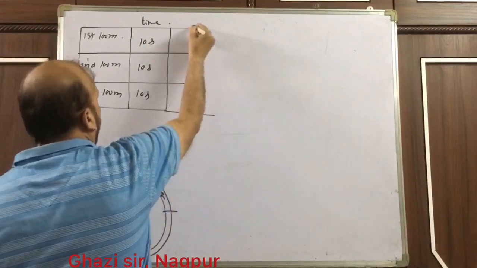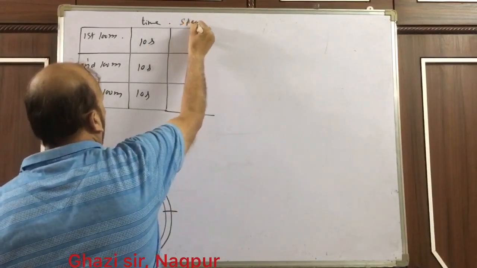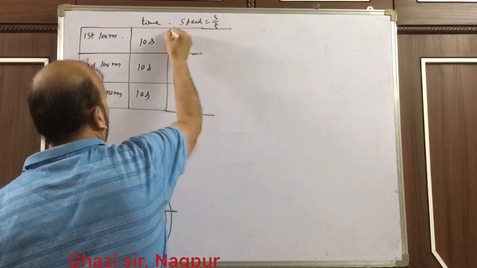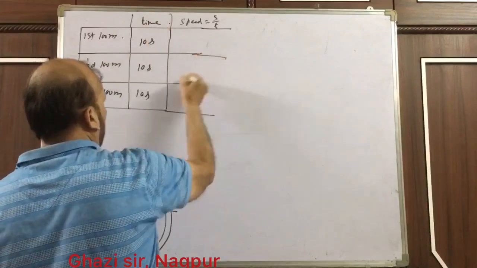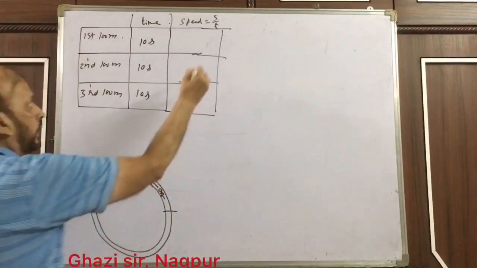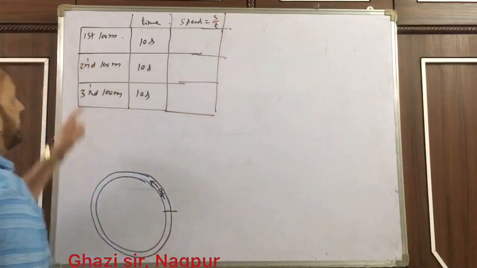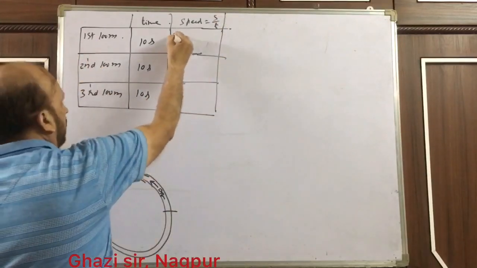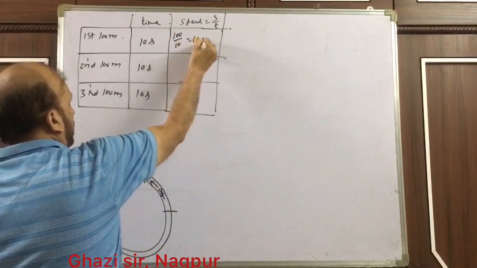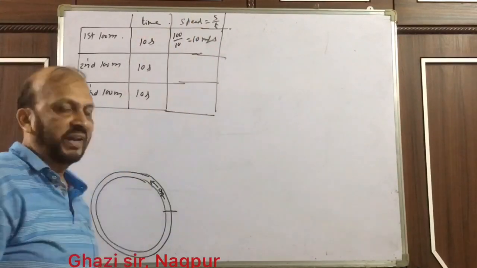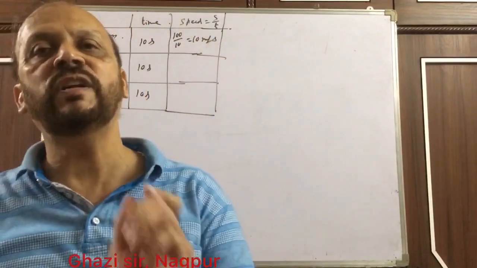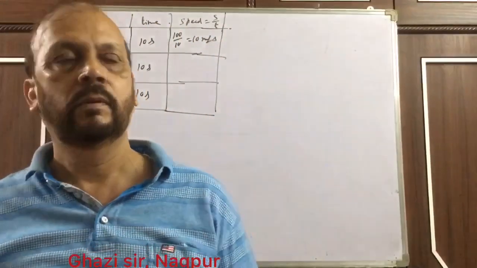And now we are finding the speed, that is equal to path length upon time. So path length is 100 meter, time is 10, that is equal to 10 meter per second. So for the first lap his speed is 10 meter per second.